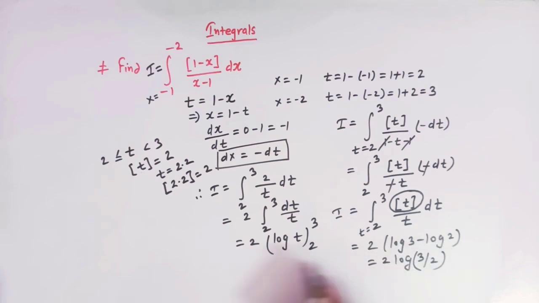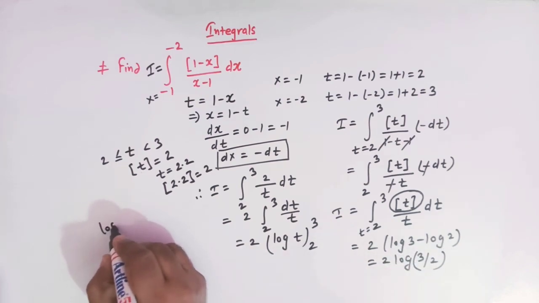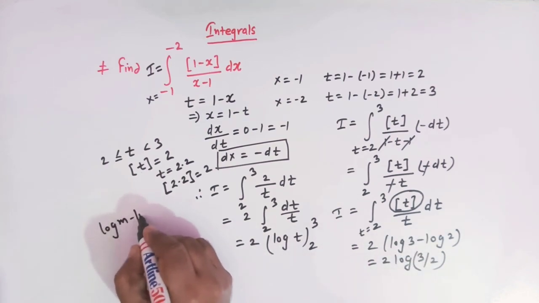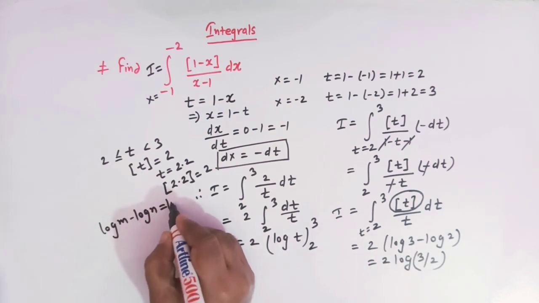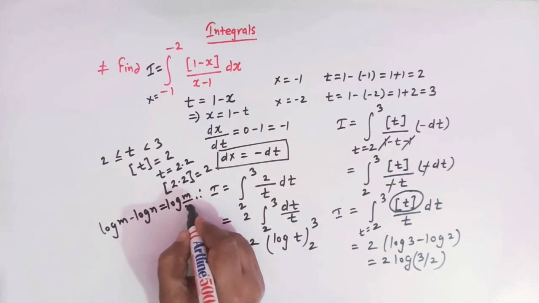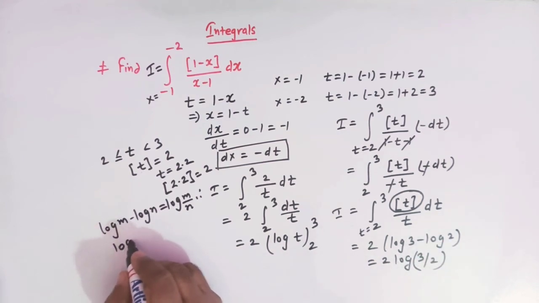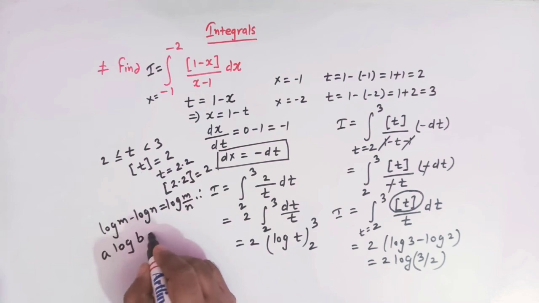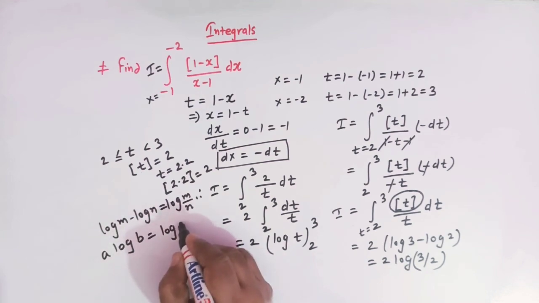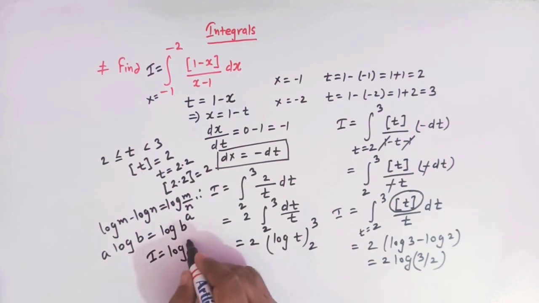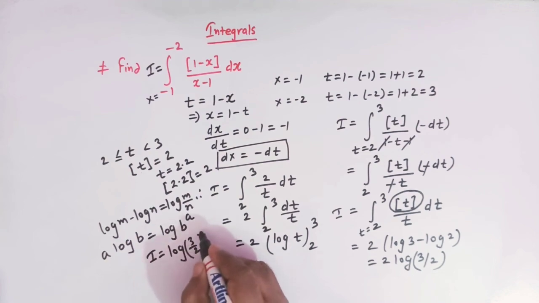So here we have used the important property of logarithms, that is log m minus log n can be written as log of m over n, right? So here we have 3 over 2, and if we use this property, that is a log b is equal to log of b raised to a, then I is equal to log of (3 over 2) squared, right?